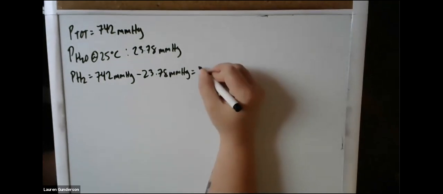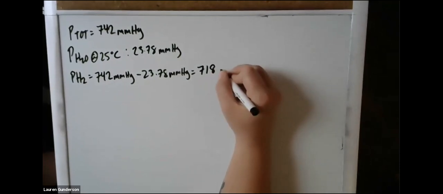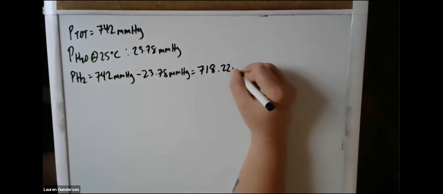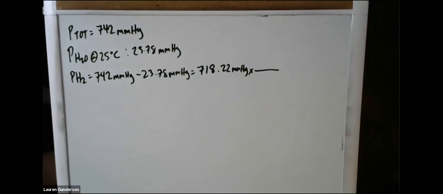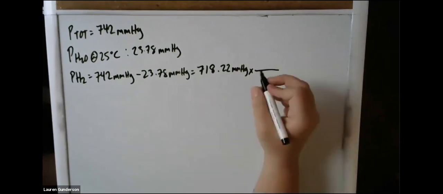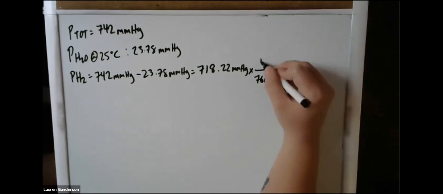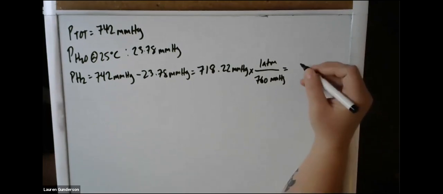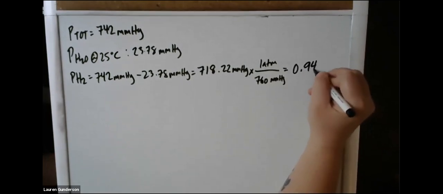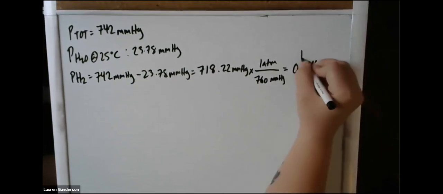Okay, so we have a partial pressure for our hydrogen gas of 718.22 millimeters of mercury. And now I'm going to convert that into atmospheres because I will probably be needing my ideal gas law. So 760 millimeters of mercury, 1 atmosphere. And that is 0.945 atm. That's the partial pressure of my hydrogen gas.